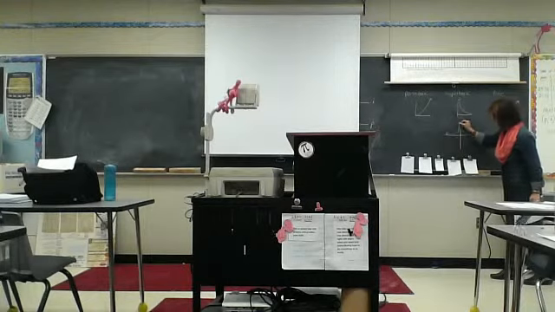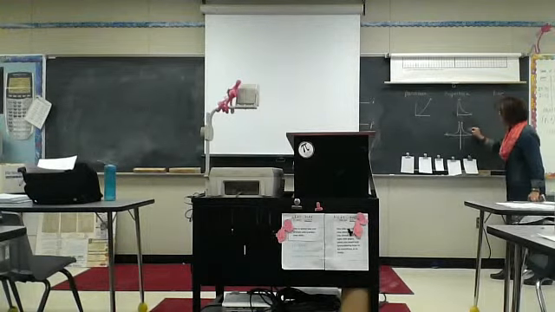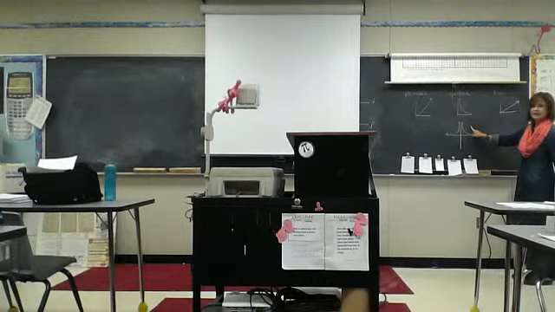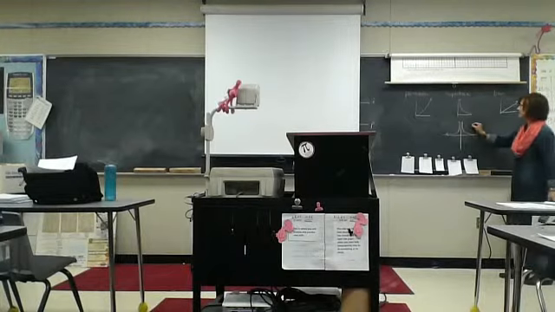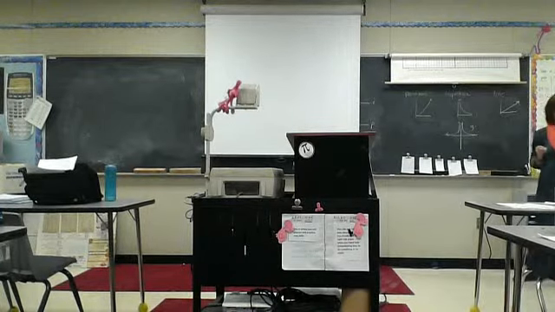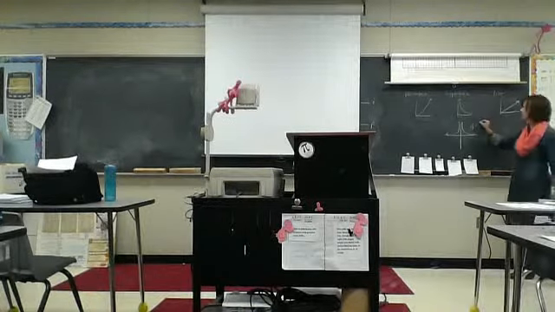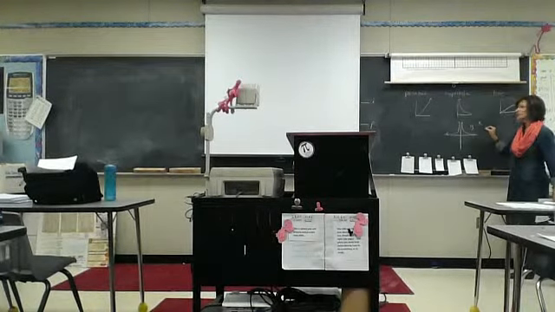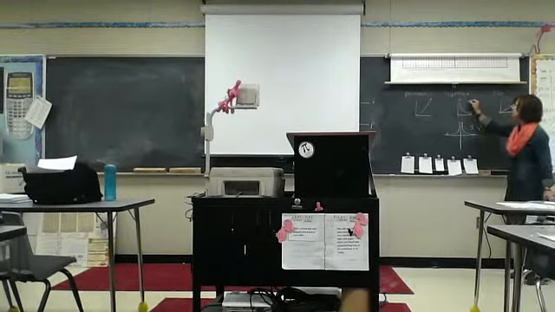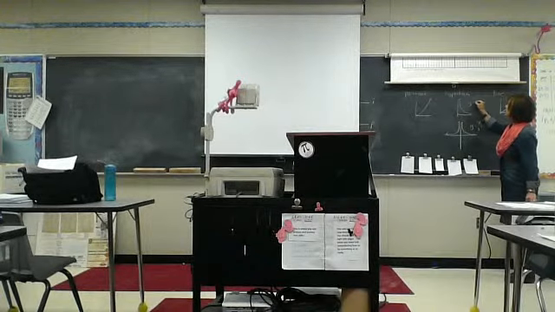Remember this one? Do you remember the equation for this one? This was y equals, is it k times or k divided by something? K divided by, is it the x or the x squared? Good, it's the x squared. This was y equals k divided by x.